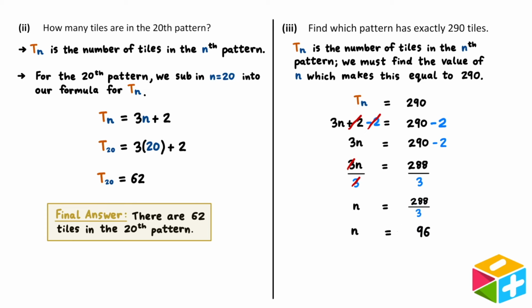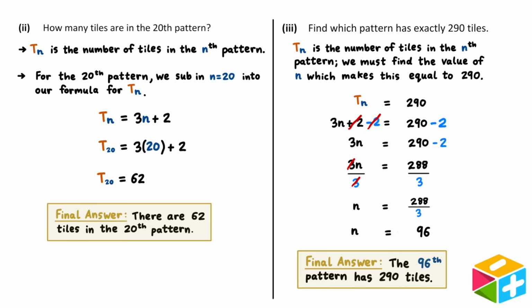So we end up with n is equal to 96. So our final answer here is that the 96th pattern has 290 tiles.